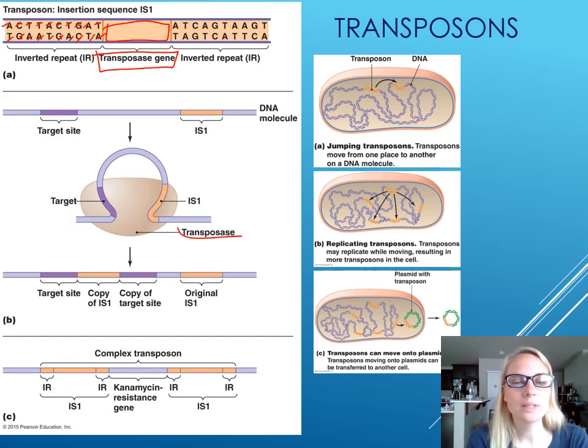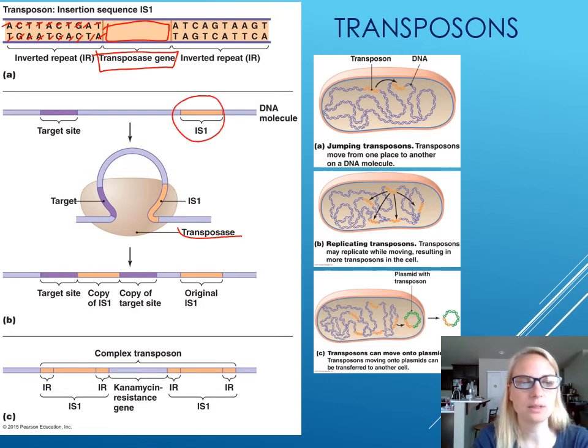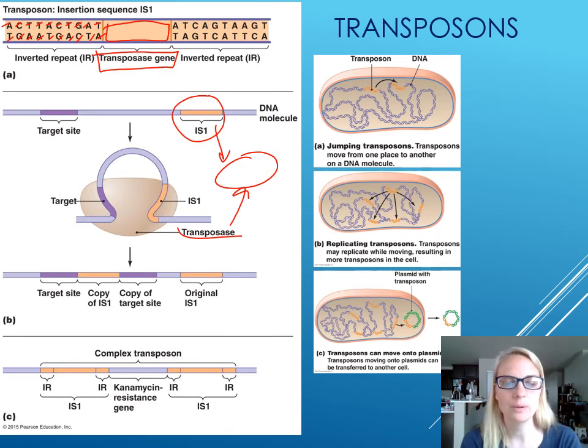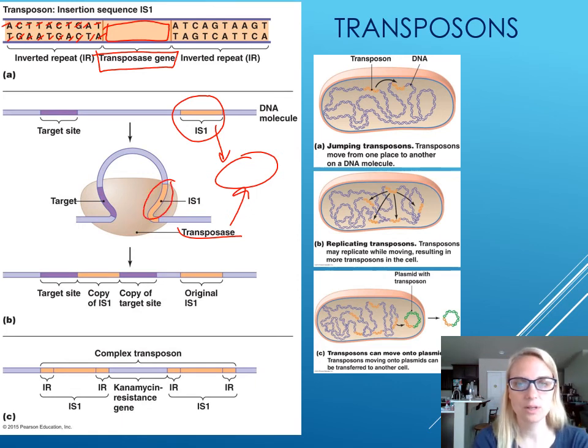Okay. So let's say you have your chromosome with your transposon, this insertion sequence 1, IS1. What happens is it will get expressed, right? So it's going to get expressed and it's going to make its transposase enzyme. That's this big kind of tan blob. Once you have the transposase enzyme, it goes and it finds the insertion sequence.